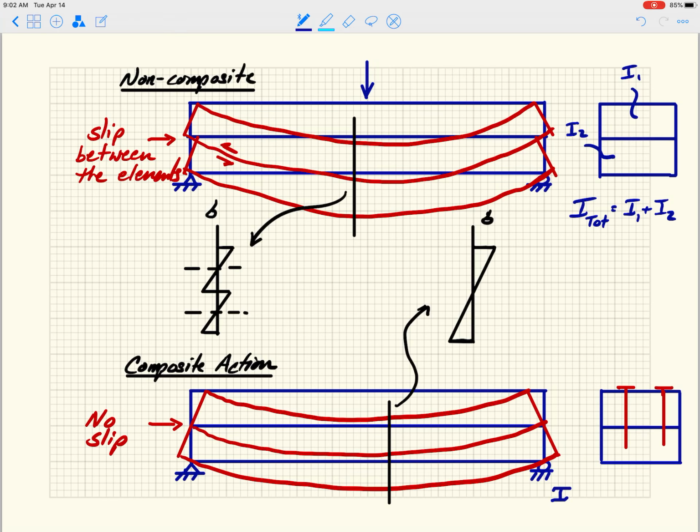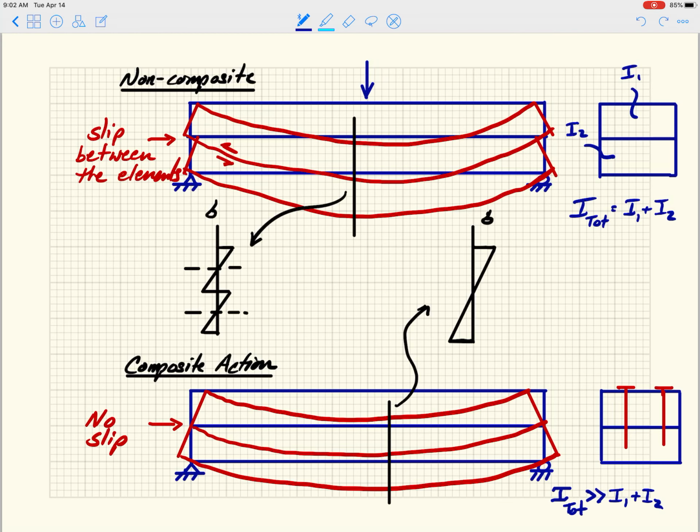So now I will say that I total is much, much greater than I1 plus I2. Basically what I'm doing is picking up an A d squared term for each one of these beams, a term that I don't have up here, because each one has its own neutral axis, so their local centroid is at their own neutral axis.